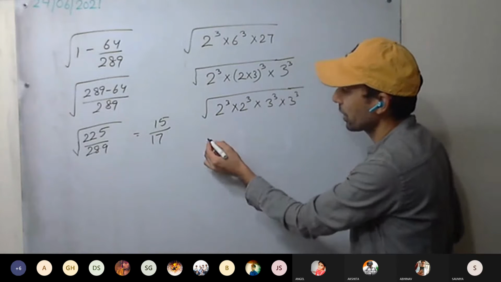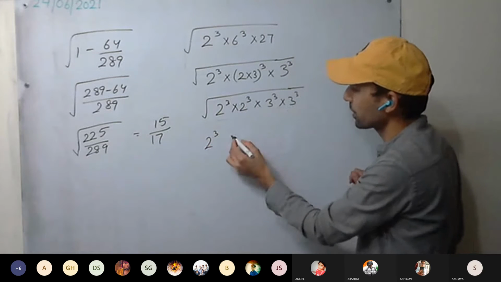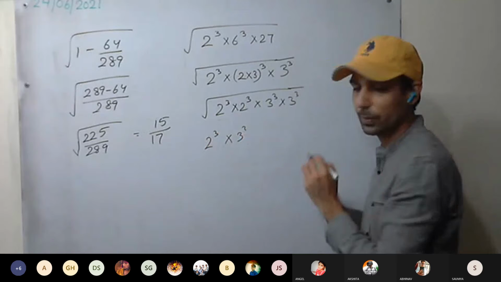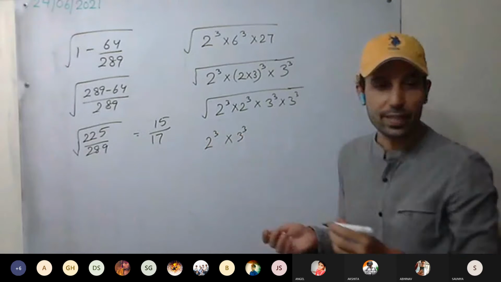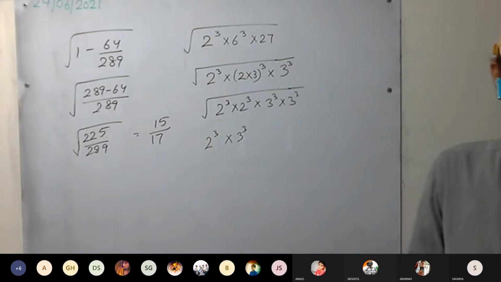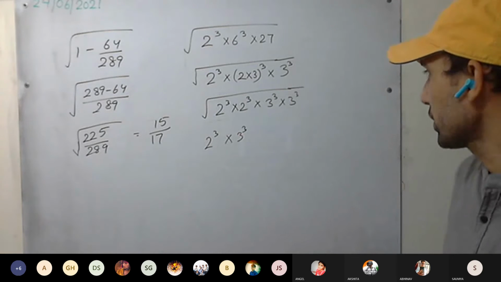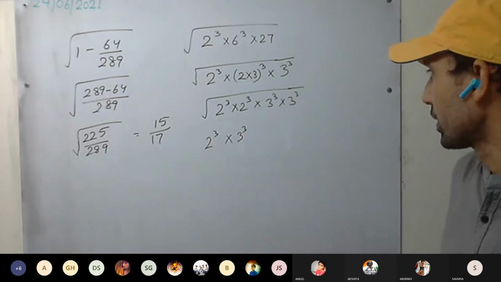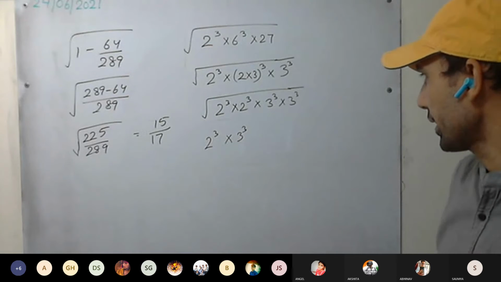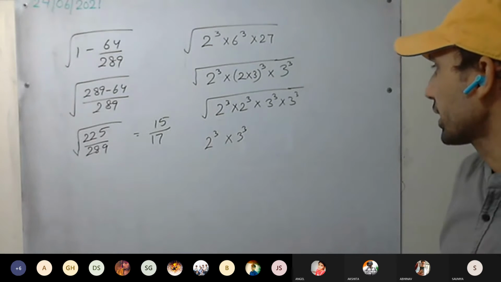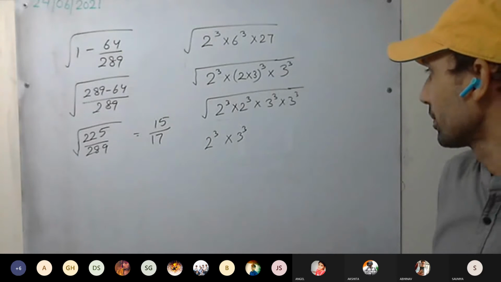Either you make the pair or take out. From this we take 1 out, that is 2, from this we take 1 out, 3, 4. This way we can do, or any other method you can do, that's up to you. So how much will you get? 27 into 8.